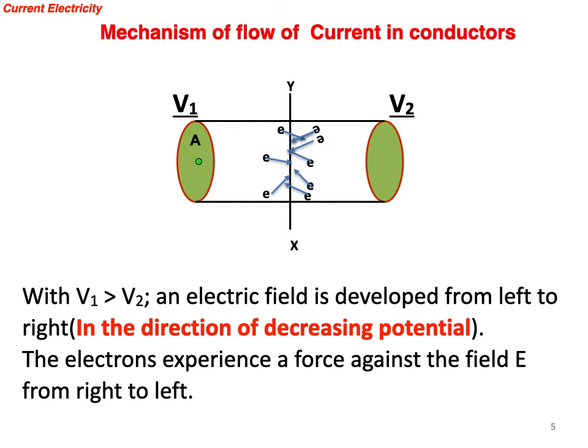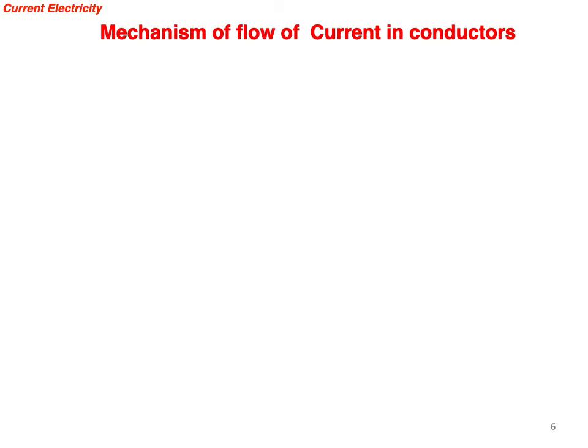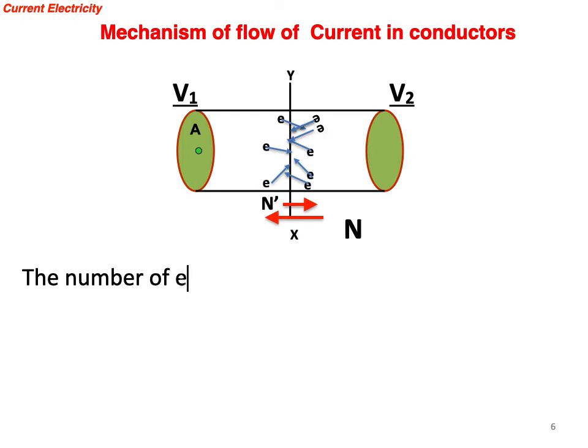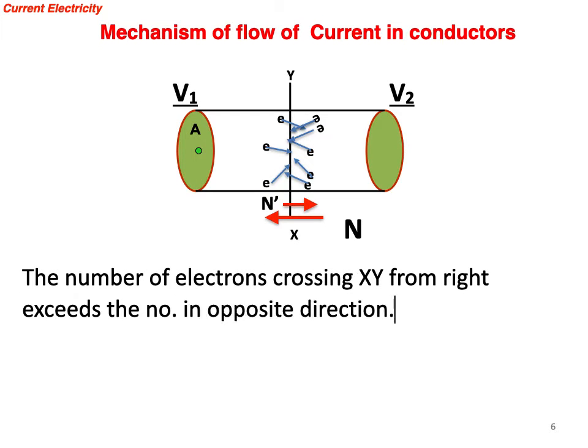The force on electrons is from V2 to V1 opposite to the field, that is towards left. As a result, the number of electrons crossing xy from right exceeds the number in opposite direction. We know that electrons carry negative charge and they will move towards the higher potential. So left side, they experience a pull.